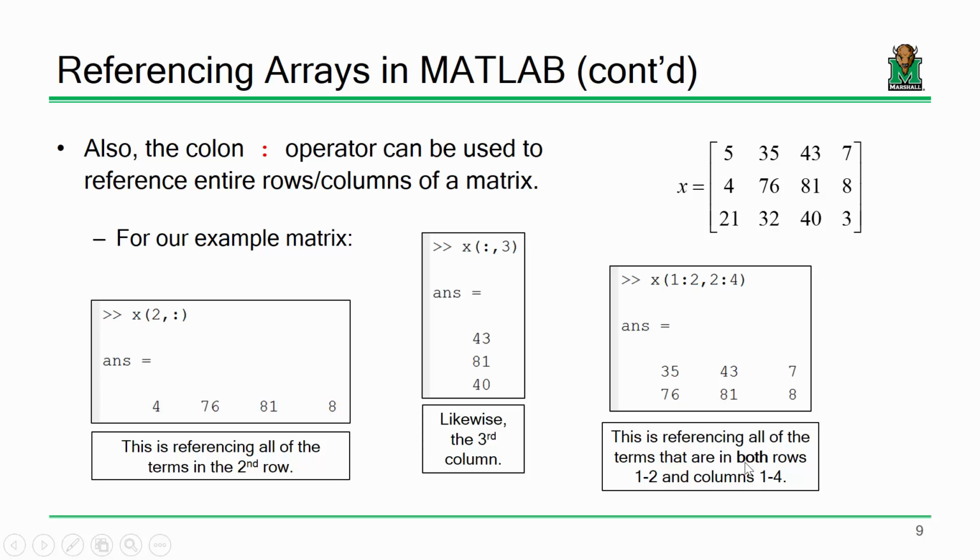So here in bold, I've emphasized the fact that what you're actually doing is you're identifying both conditions have to be true in order for it to be displayed, or if you're going to be assigning a new variable to whatever elements you're calling on within that array.